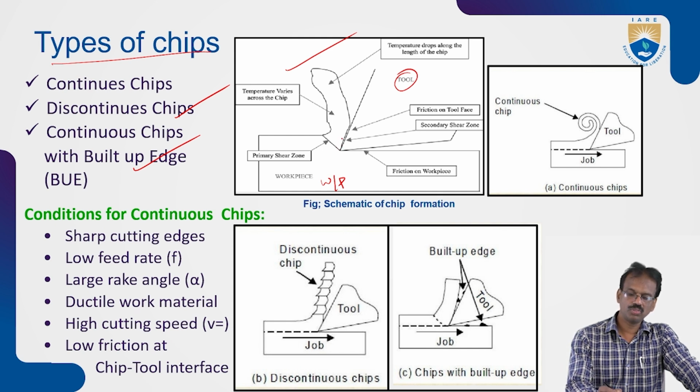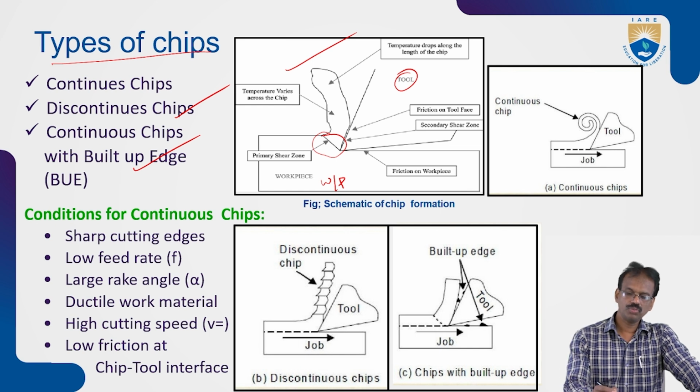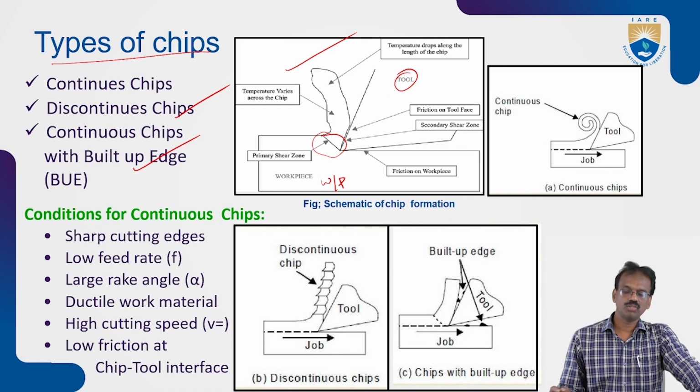During that process, the portion of material in front of the tool bit will be deformed. When the force of the tool increases beyond the yield strength of the material, the material will be sheared and removed from the workpiece.